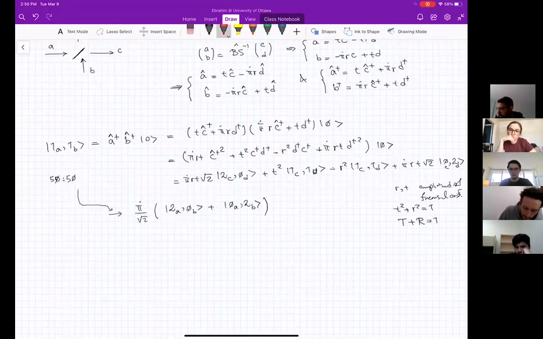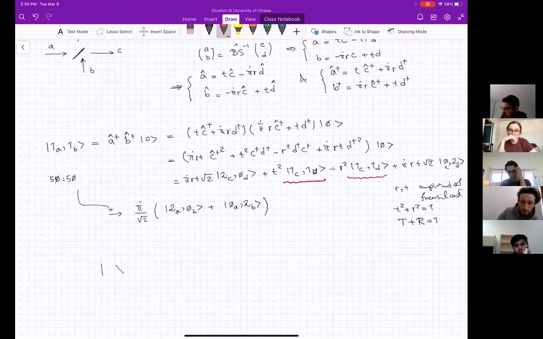So essentially, if you look at the situation, you will get 2 photons here, right? If I want to write the photonic state after the beam splitter, that will be the situation which I showed to you last time.